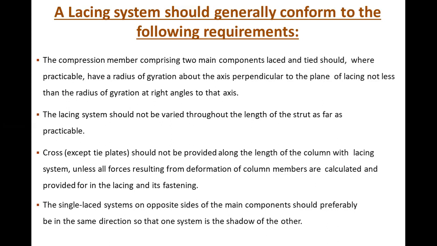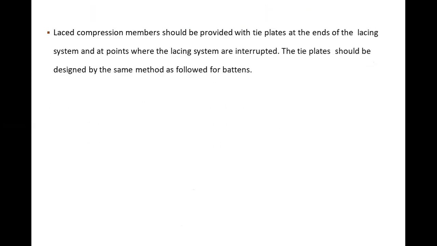Next, cross or similar type lace should not be provided along the length of the column with lacing system unless all the forces resulting from deformation of column members are calculated. The single lace system on opposite sides of the main component should preferably be in the same direction so that one system is the shadow of the other.